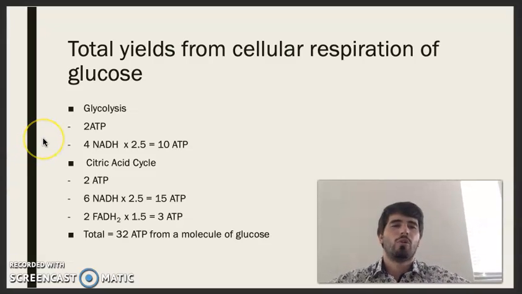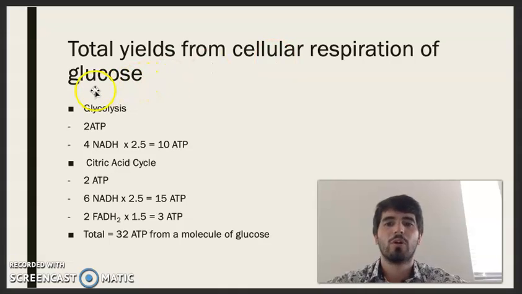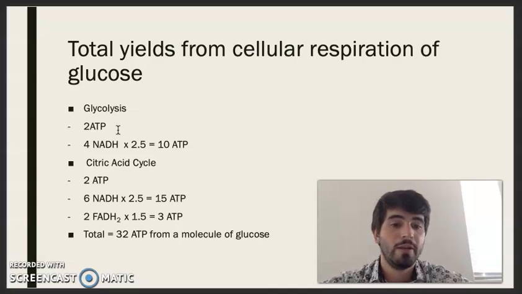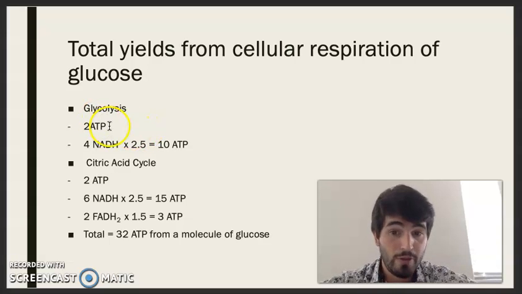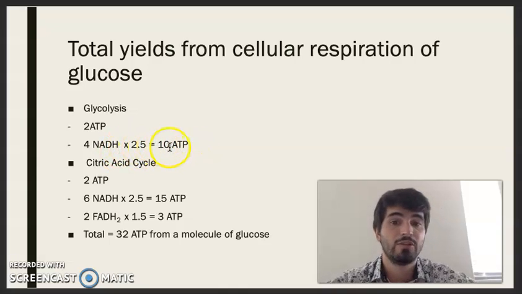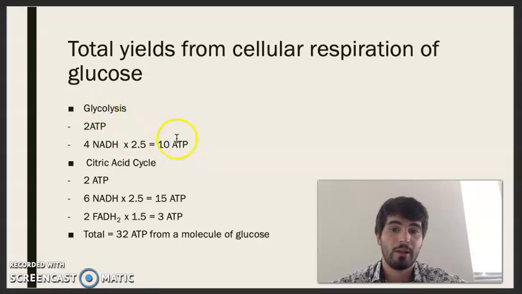So for total yields from cellular respiration of glucose, we would have glycolysis at 2 ATP, as we mentioned before, because it was a total of 4 ATP, minus the 2 that we needed to invest in order to get the process going. We have 2 ATP, 4 NADH, and we times that by 2.5 to get ATP. So we got 10 ATP total from glycolysis.